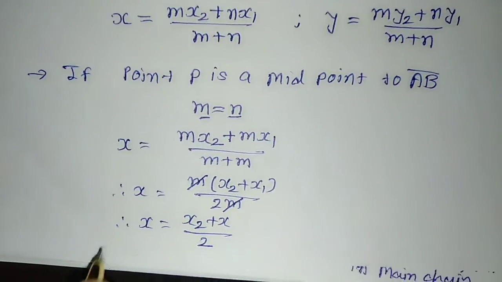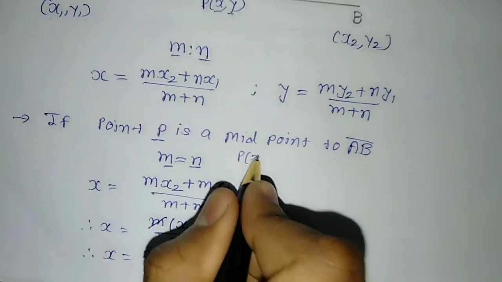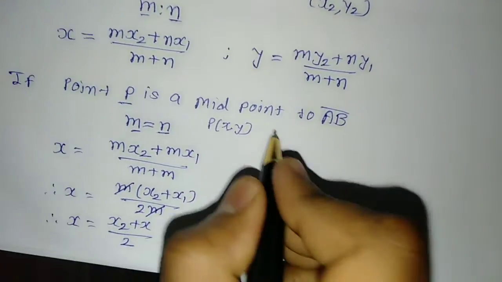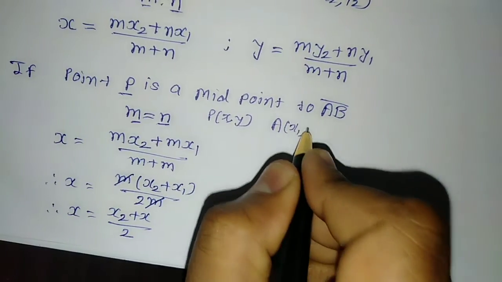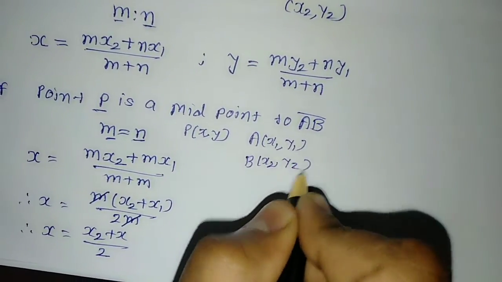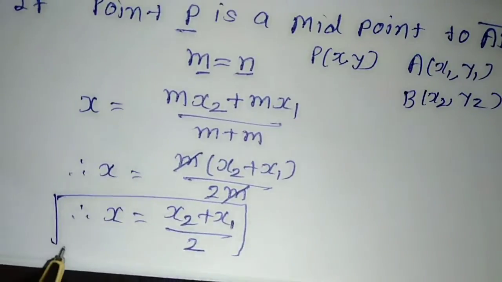This would be the formula if point P (x, y) is the midpoint of line segment AB, where A has coordinates (x1, y1) and B has (x2, y2).